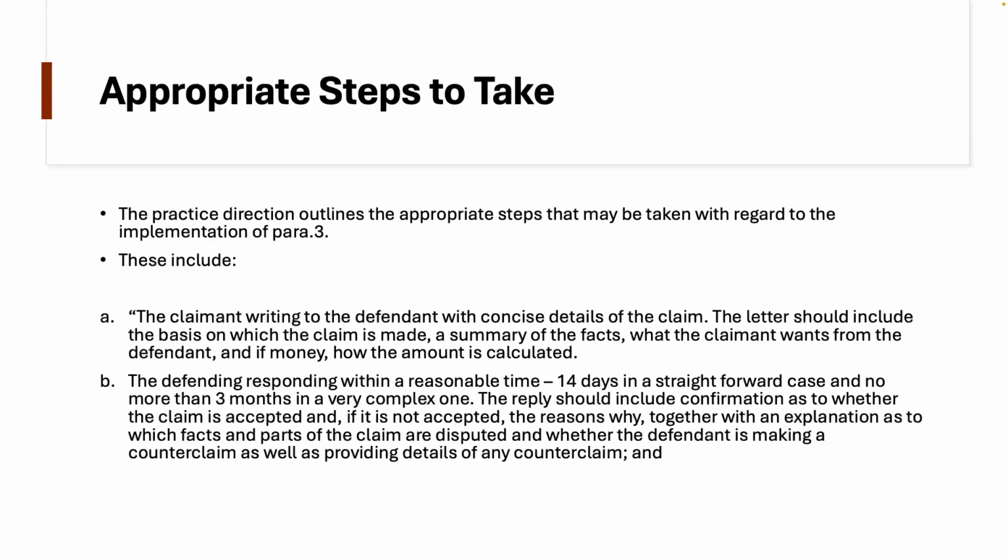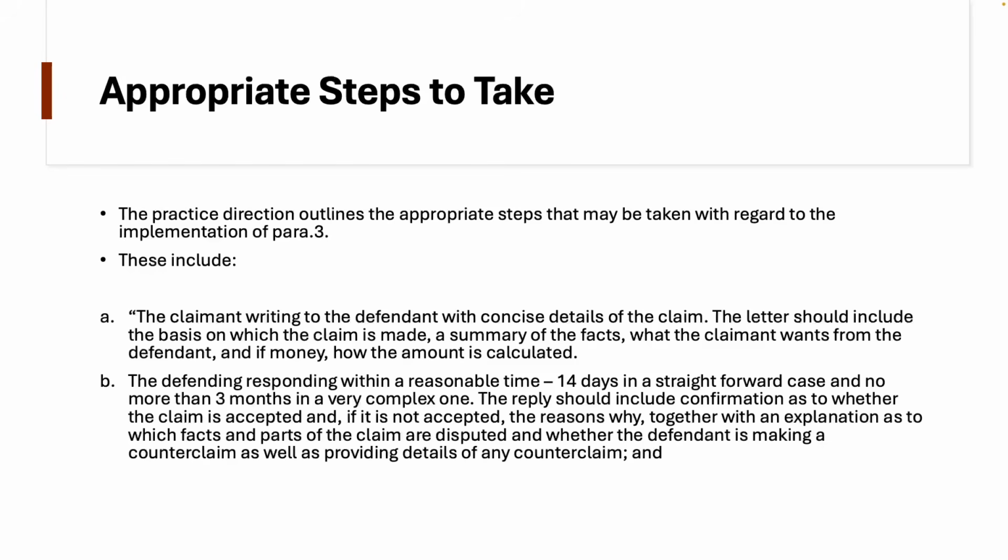The reply should include a confirmation as to whether the claim is accepted, and if it is not accepted, the reasons why it is not accepted, together with an explanation as to which facts and parts of the claim are disputed, and whether the defendant is making a counterclaim, as well as providing details of any counterclaim.